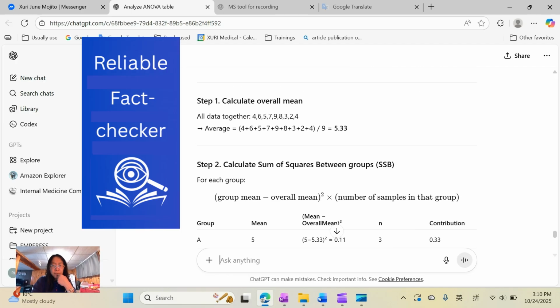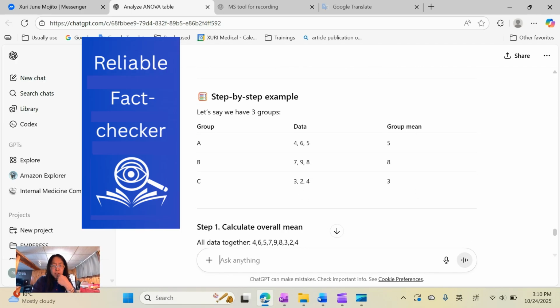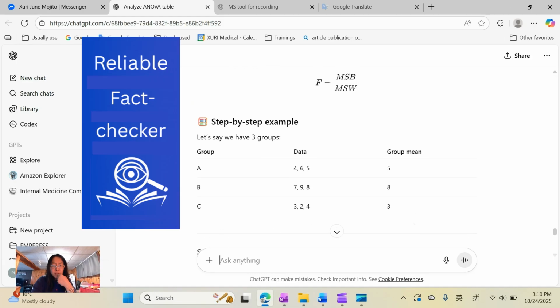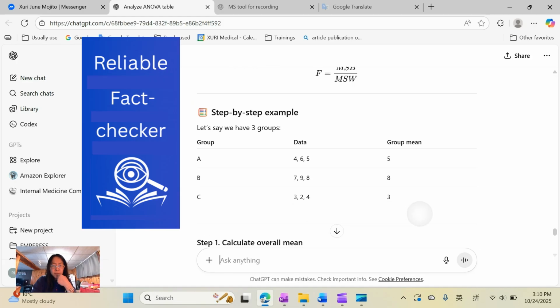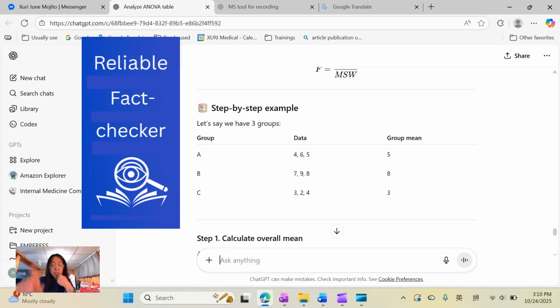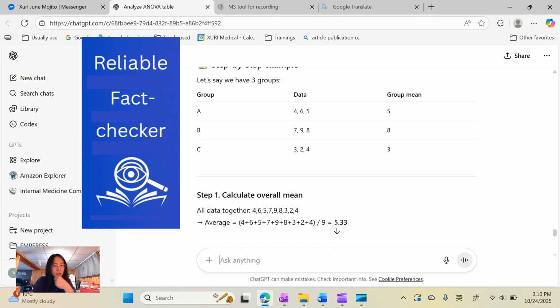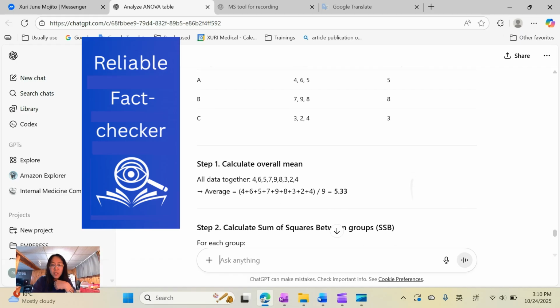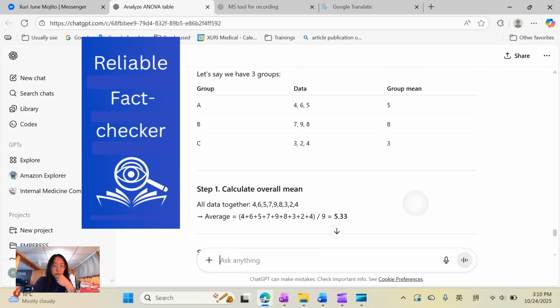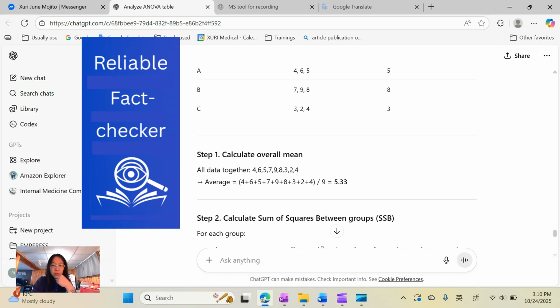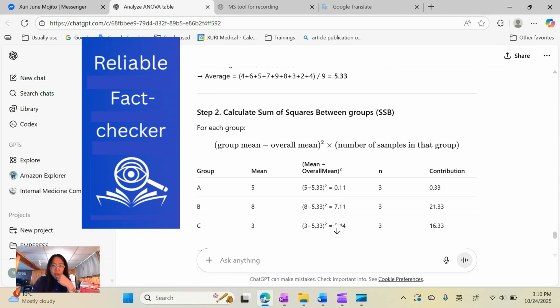So basically, if we look at this example, you have 9 data points, and you group them into 3, each with 3 data points, and you have the group means already calculated. And when you calculate a group mean, you create a rule, and you need to remove 1 degree of freedom.